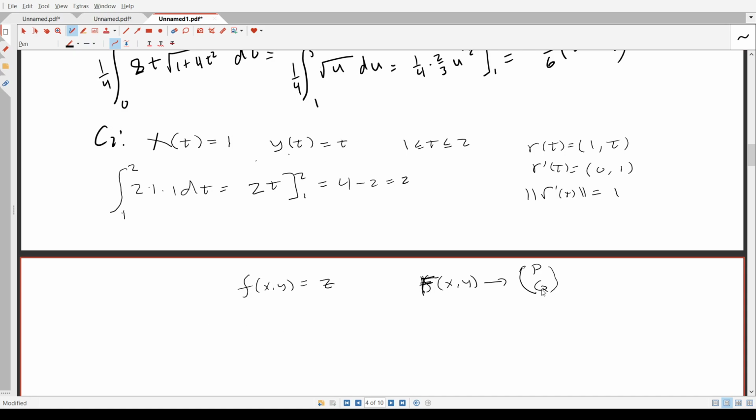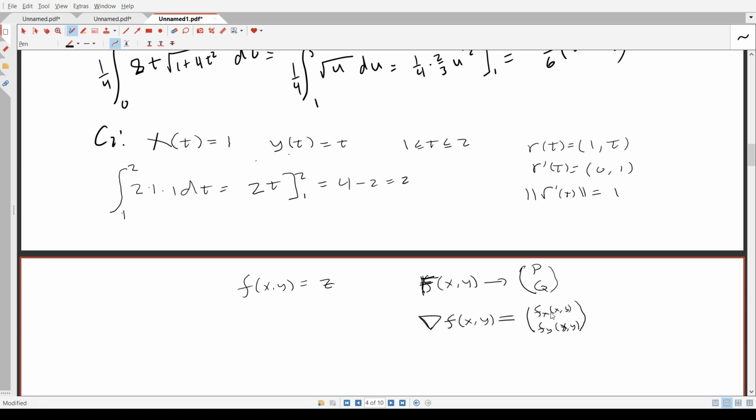We've seen one example of a vector function, and that is the gradient of a scalar function, let's call this capital F. Because here, if I plug in any x and y value, the vector I get out is this and this. So the vector that I get depends on the x and y coordinates that I'm putting in.